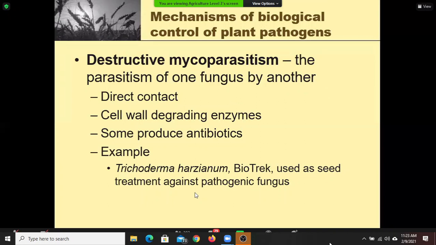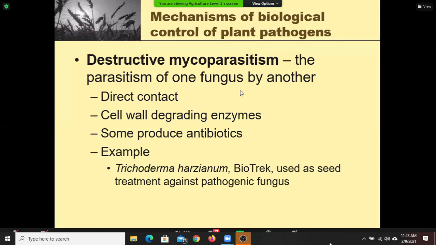You can see here another mechanism by which the biocontrol agent controls the plant pathogen, that is mycoparasitism. You know the term parasitism, and there is another term, myco. Myco means fungi, that is the parasitism of one fungus by another fungus. What happens here actually? For example, the beneficial fungus comes in contact with the harmful fungus.